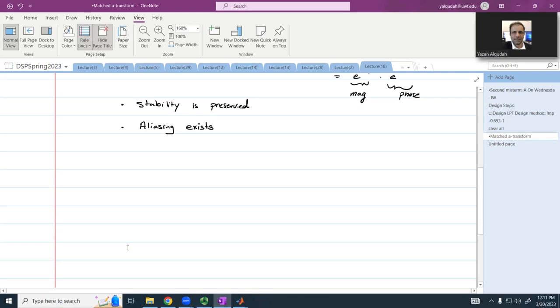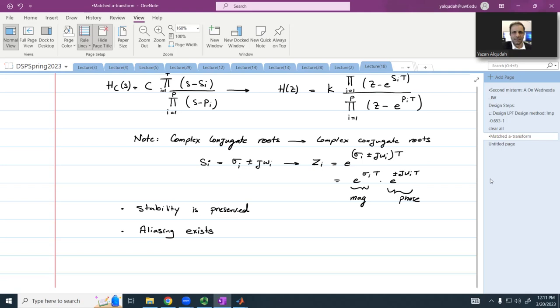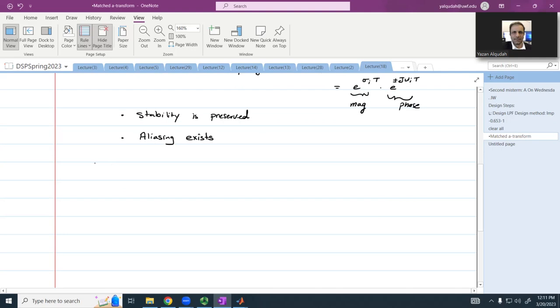Okay, let's do an example. In this example, we are given H of s equal to s over s squared plus 0.2s plus 1.